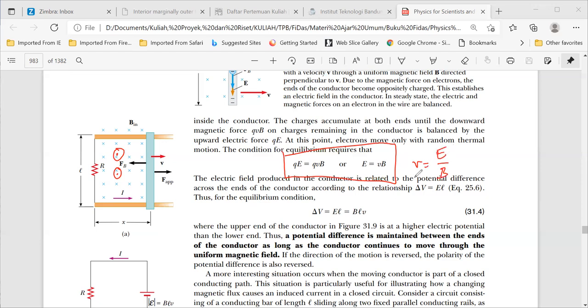This is the induced electric field here. So the potential difference on the bar is equal to this one.